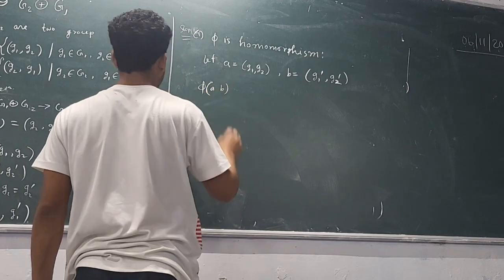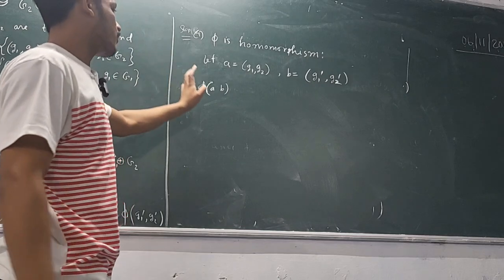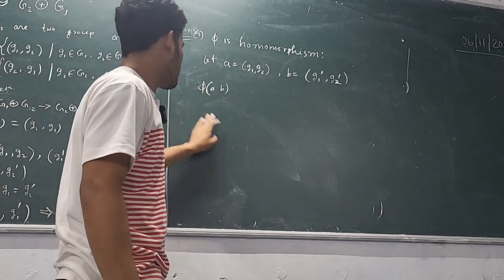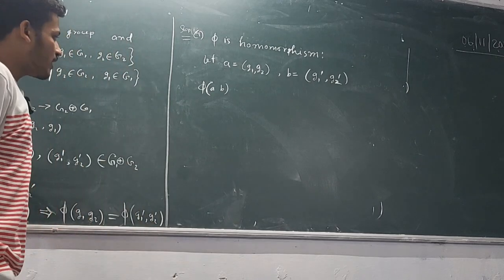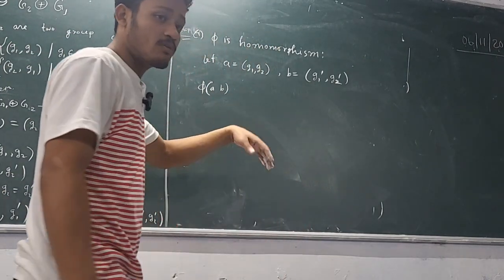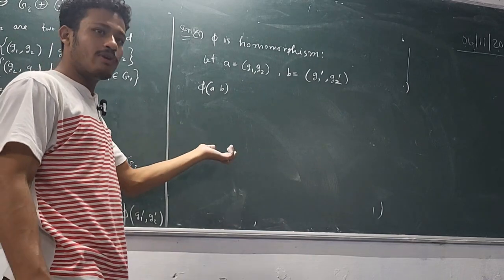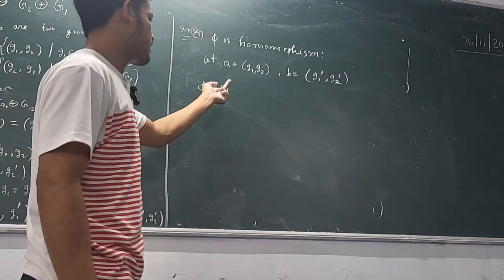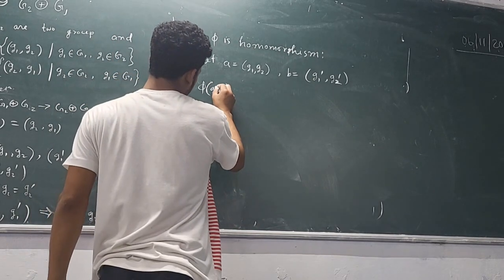I don't know what the operation of G1 external direct product G2 is, since the operation is not defined. So any operation you can give here, you can take star here.